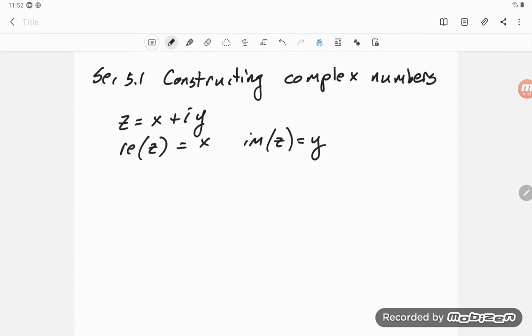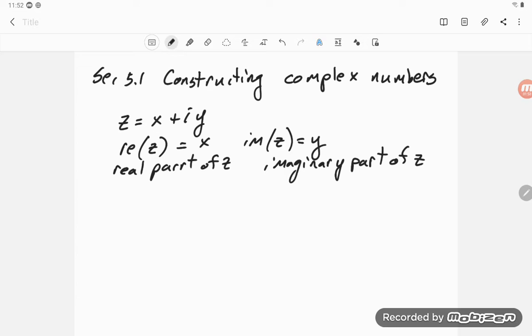So the imaginary part of z is the real number y in this case. The imaginary number, if I had a pure imaginary number, might be something like y times i. But when you talk about the imaginary part of z, that's just the real number y.